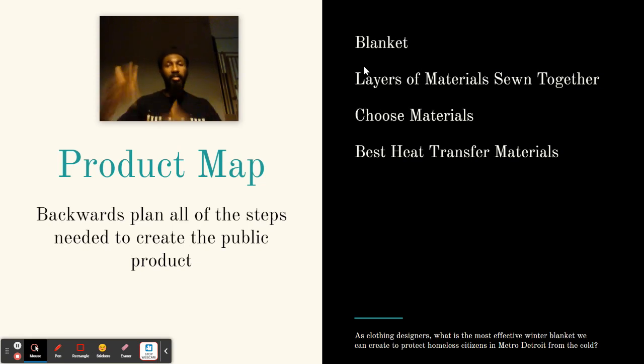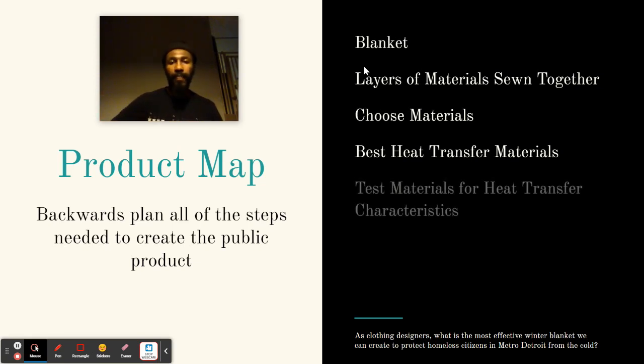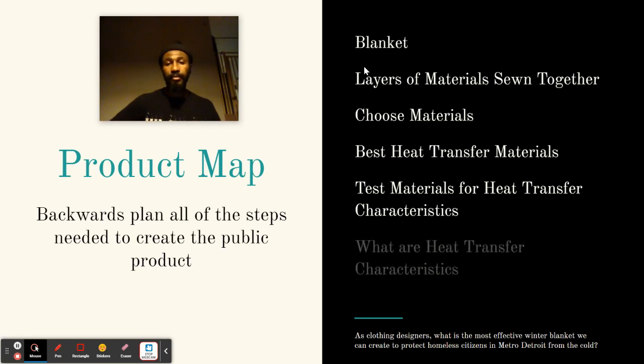Again, we're backwards planning. That means students are going to have to test materials for heat transfer characteristics. And students are going to need to know what heat transfer characteristics are.